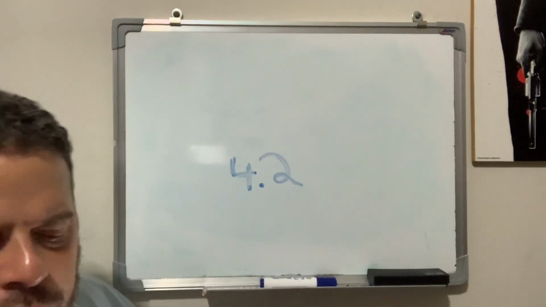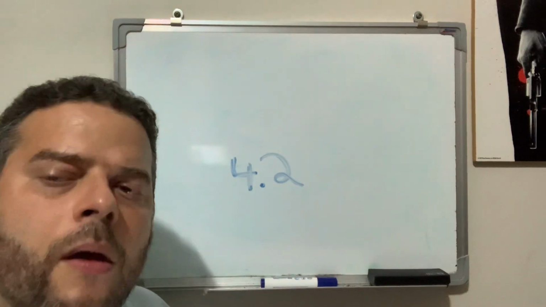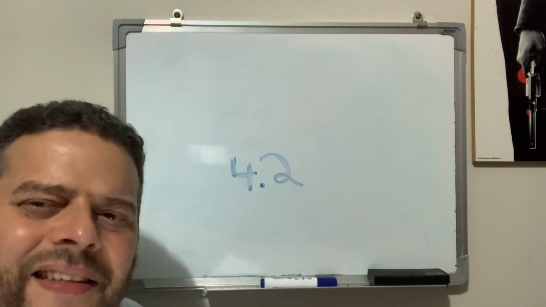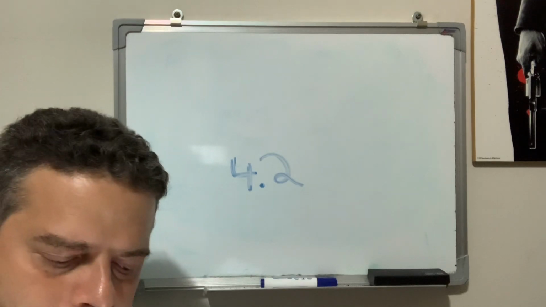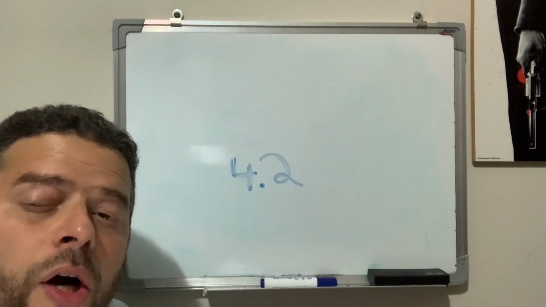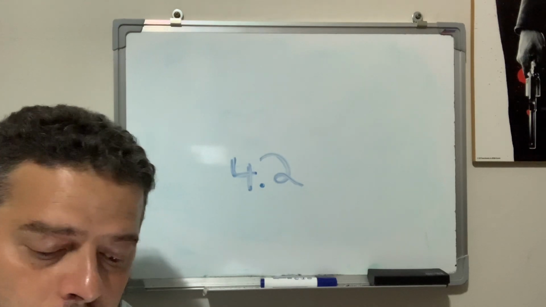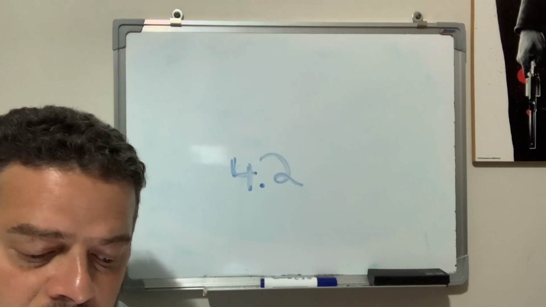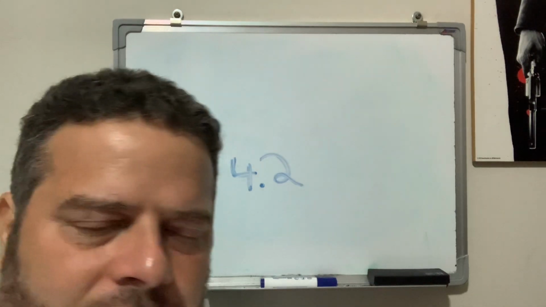And probably the most important definition from this video is this last one: statistically significant. When the observed results of a study are too unusual to be explained by chance alone, the results are called statistically significant.